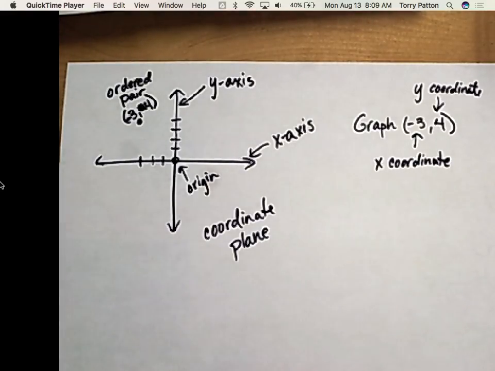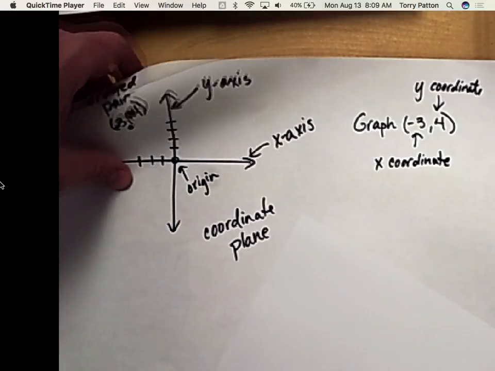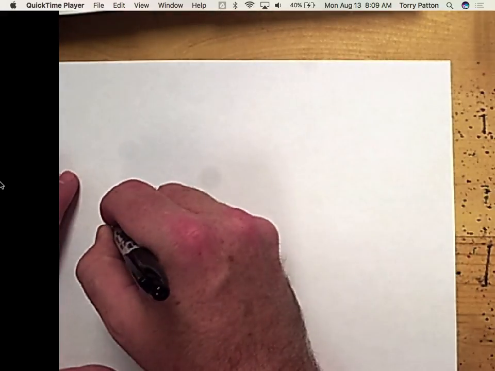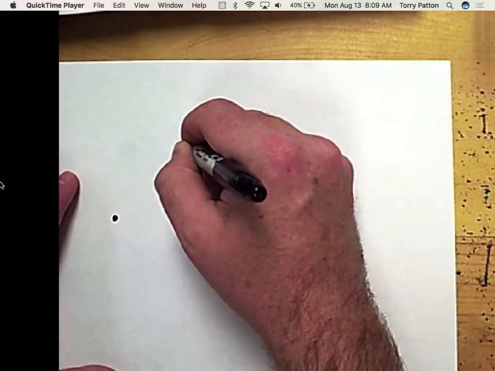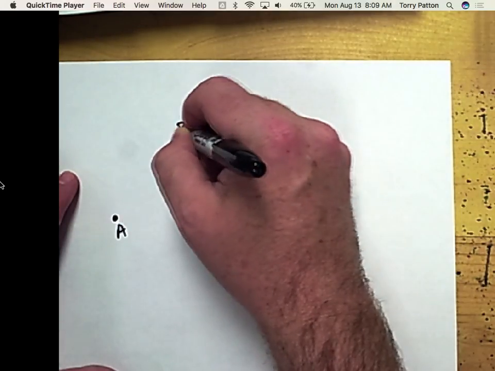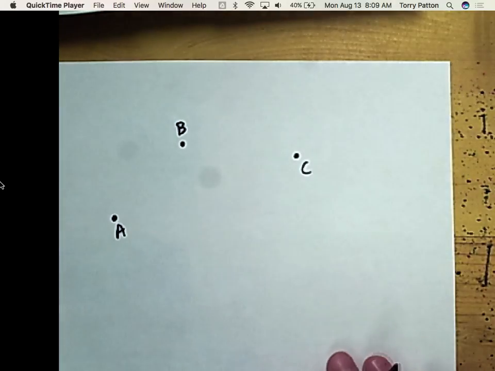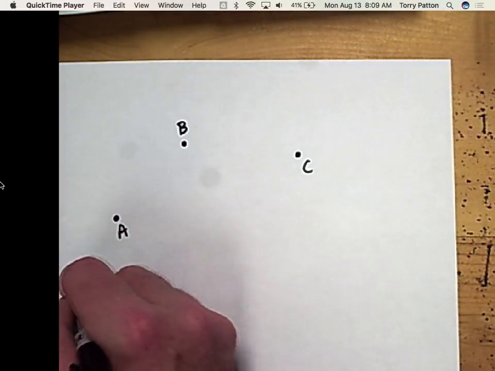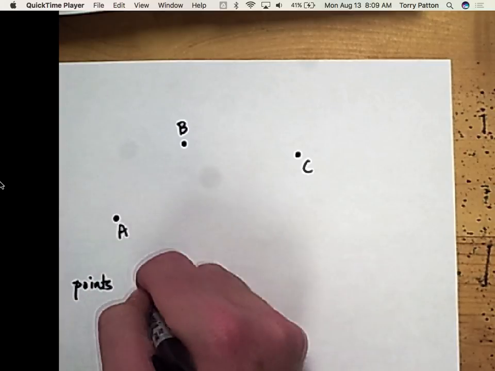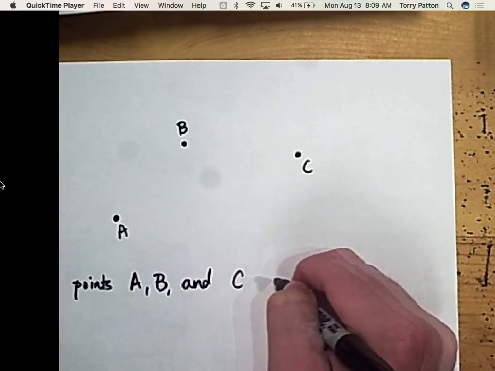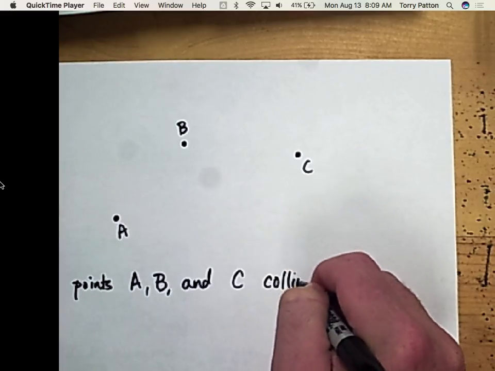All right? So now let's look at these 3 points, A, B, and C. If I ask you, are points A, B, and C collinear?